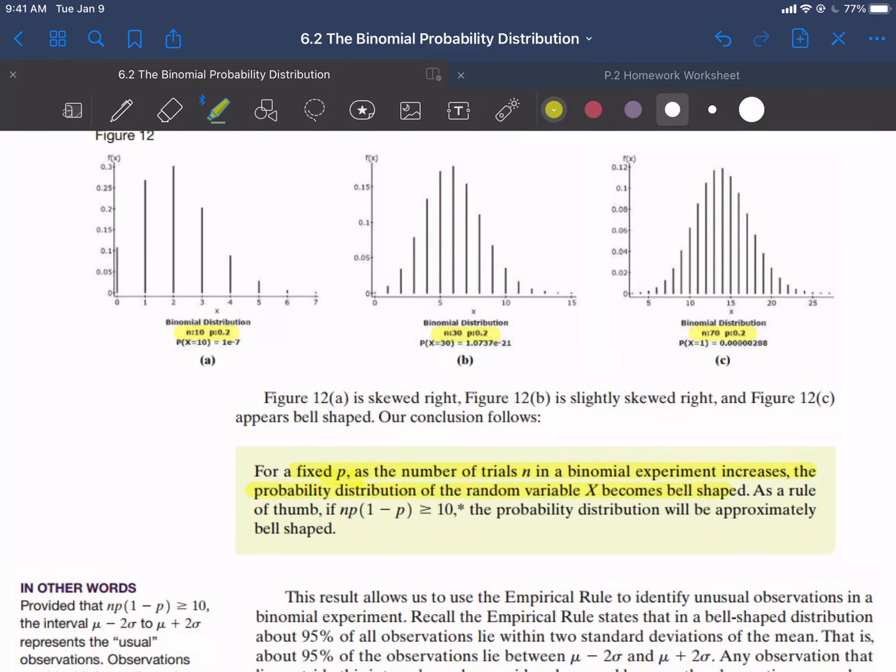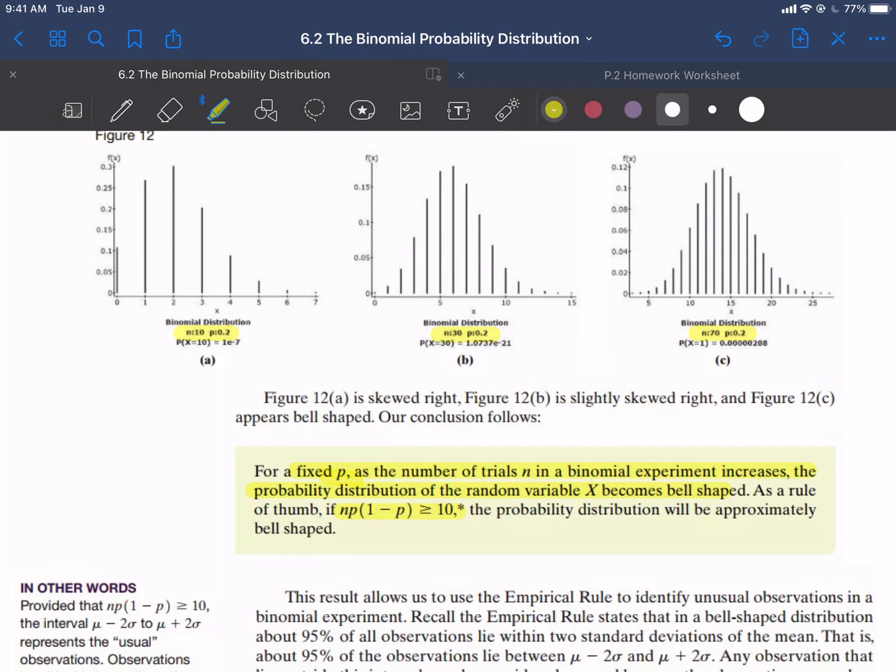So as a rule of thumb, we can say if n times p times 1 minus p, so if n times p times q is greater than or equal to 10, then the probability distribution will be approximately bell-shaped.